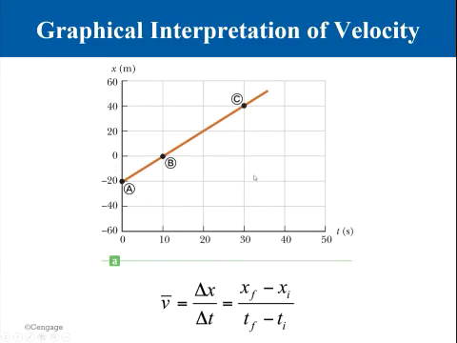The rise is the change in x, and the run is the change in time. So it is delta x divided by delta t. From the slope here, we get the average value for the velocity, also for the speed. The difference is, if it is velocity, you'll be talking vectors, you'll be talking displacement. If it is speed, you'll be talking distance, which is a scalar quantity.